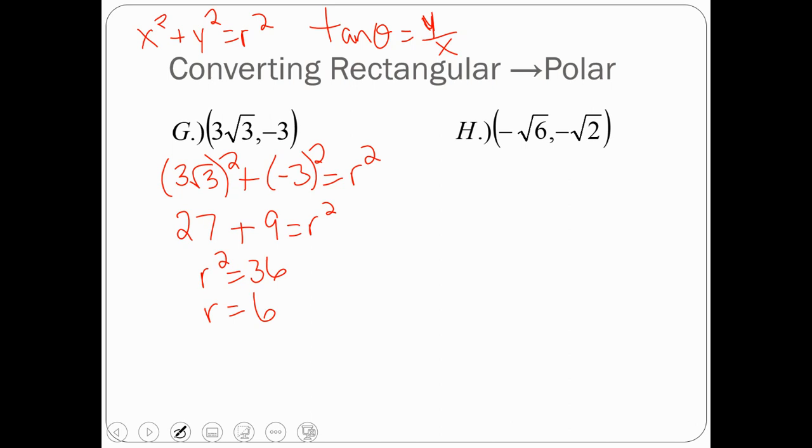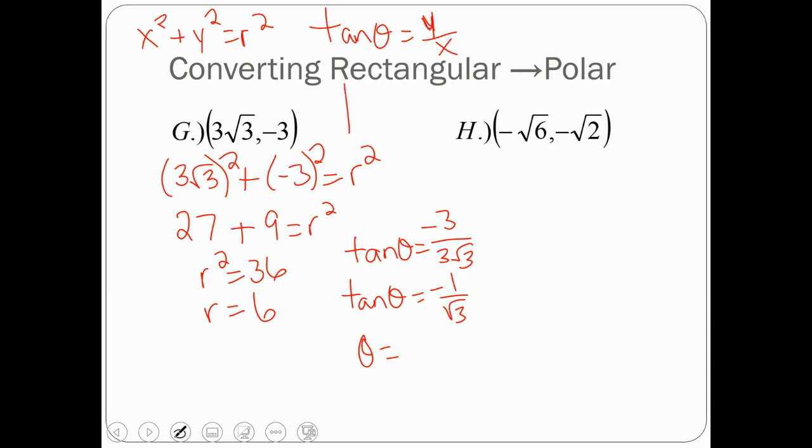So there's our r. In order to find the theta, we're going to use tangent. So tangent of theta is equal to negative 3 over 3 square root of 3. Tangent of theta equals negative 1 over the square root of 3, or negative square root of 3 over 3. We need to decide which angle that is. So if you could see my hands right now, I'd be doing the hand jive and figuring out that that is some reference angle of pi over 6, but we need to figure out which quadrant we're in.